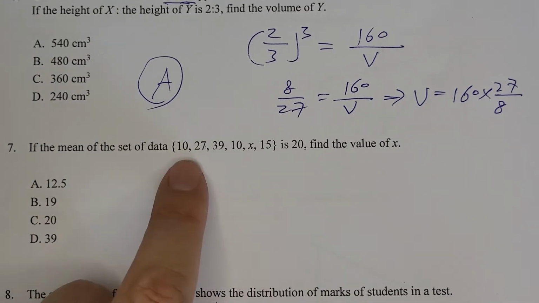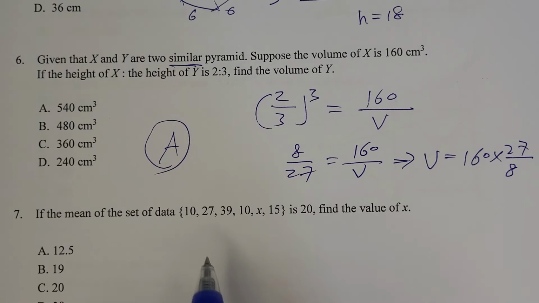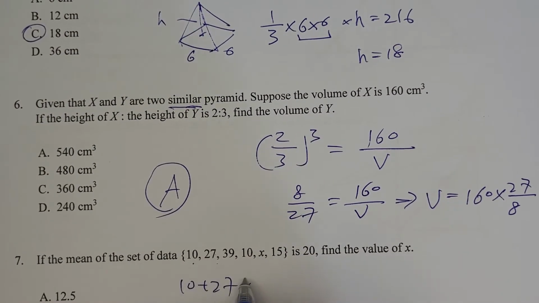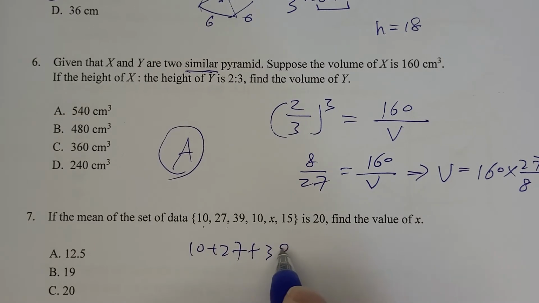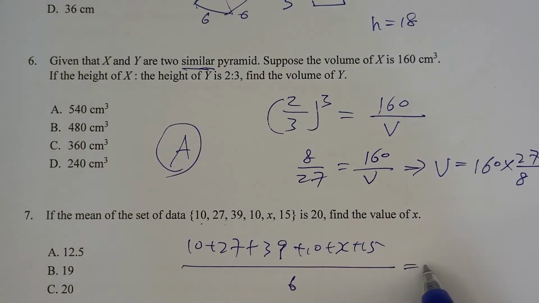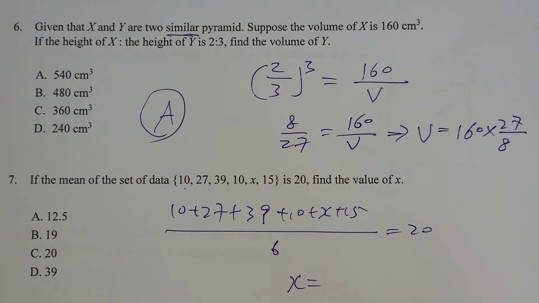The mean of this set of data is 20. Find x. So there are 6 data. So 10 plus 27 plus 39 plus 10 plus x plus 15, divided by 6, is 20. Then you can find x directly.